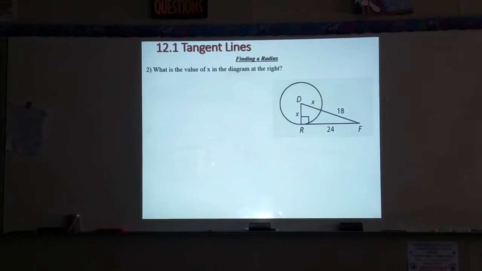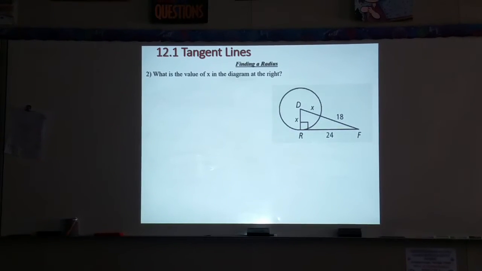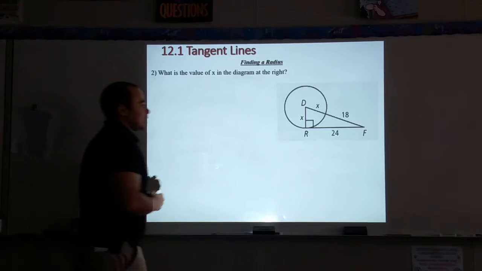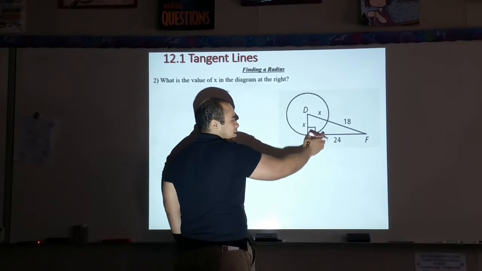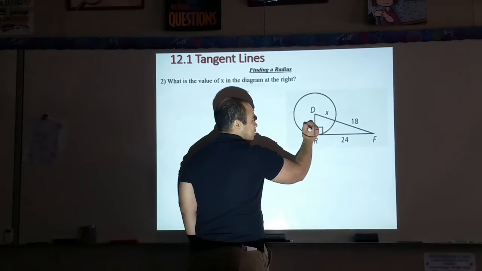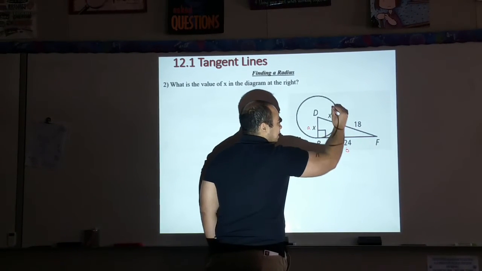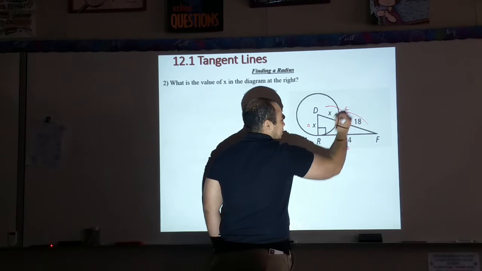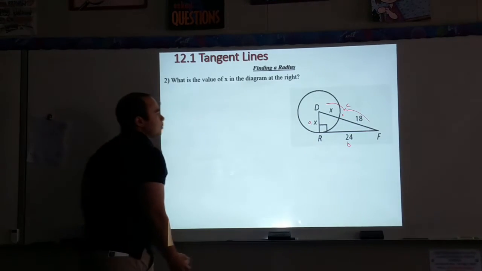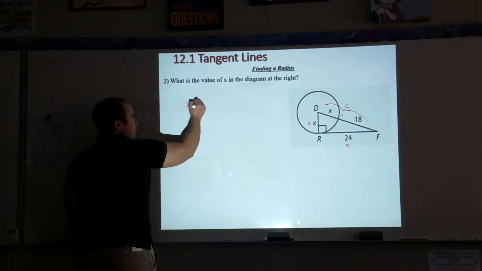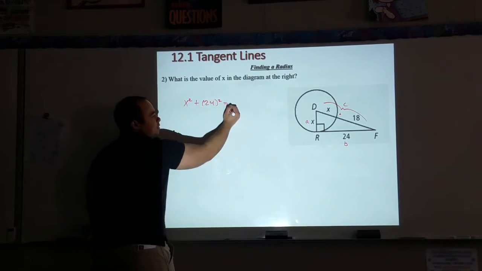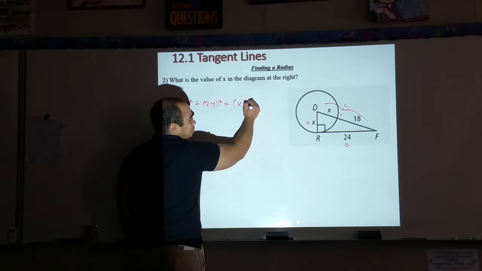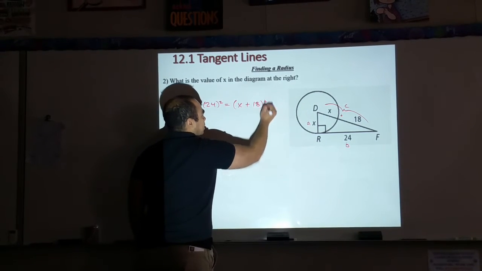All right. Question 2. What is the value of x in the diagram to the right? So once again, we're looking for our radius. This is our radius. This is our radius. But remember, in order to find this, we have to use the Pythagorean theorem. So we've got A, we've got B, and we've got C. So we're going to take a squared, so x squared, plus b squared, which is 24 squared, equals x plus 18 squared.